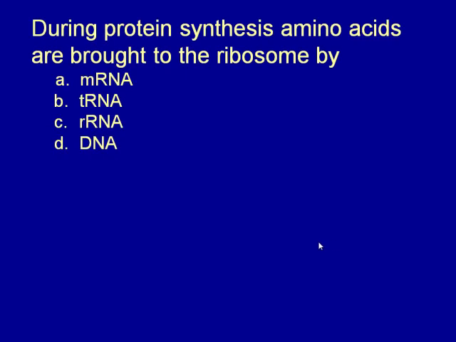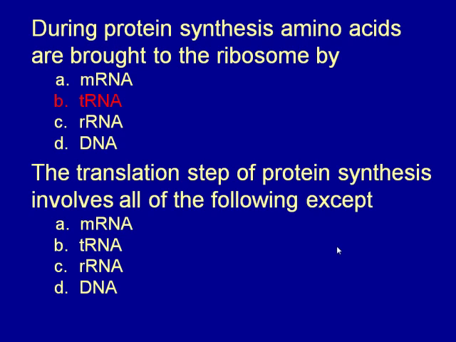Okay. During protein synthesis, amino acids are brought to the ribosome by which one here? Messenger RNA, transfer RNA, ribosomal RNA, or DNA. Remember, transfer RNA trucks the amino acids in.